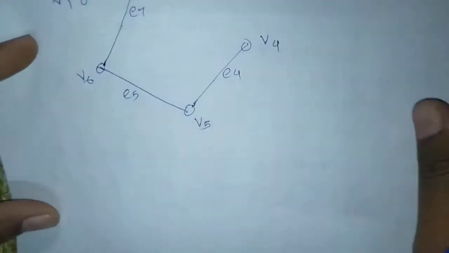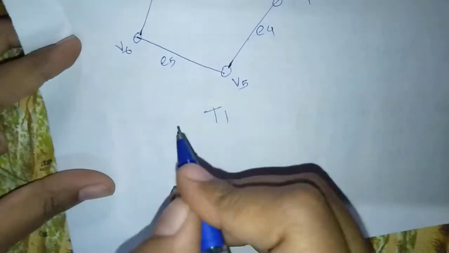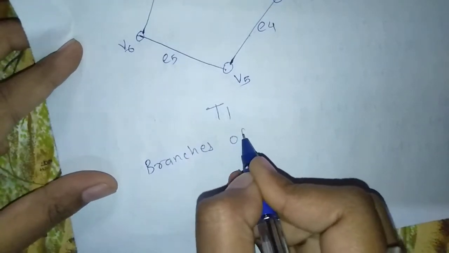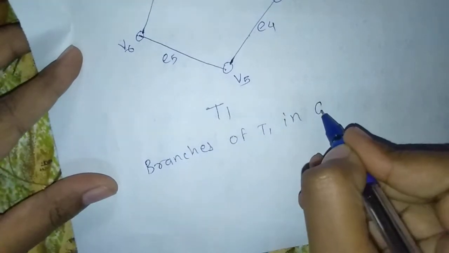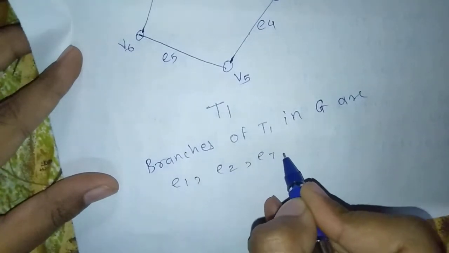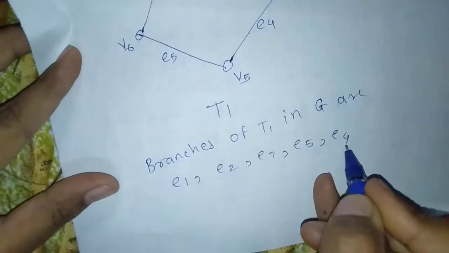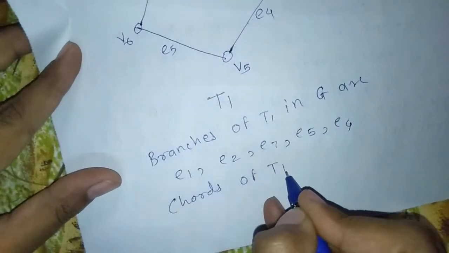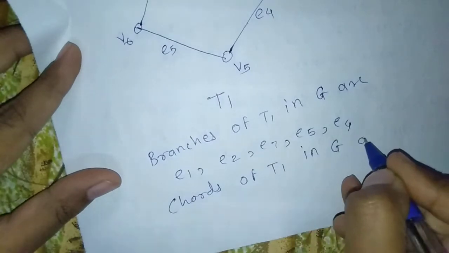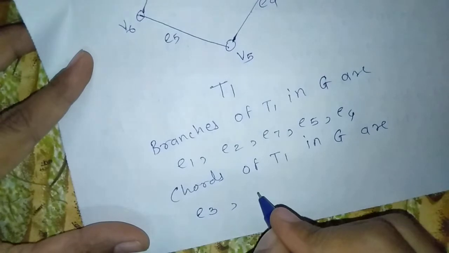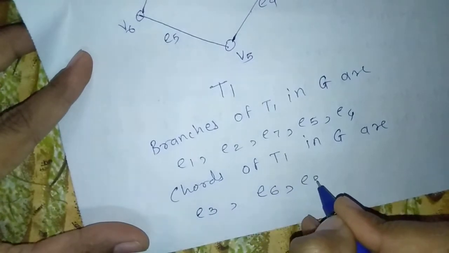So for the first spanning tree T1, the branches of T1 in G are E1, E2, E7, E5, E4, and the chords of T1 in G are E3, E6, E8.